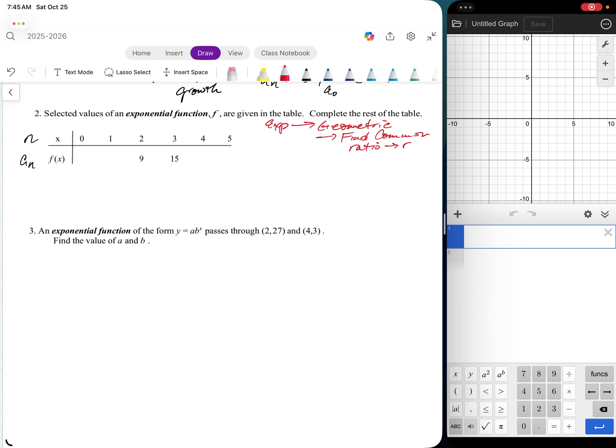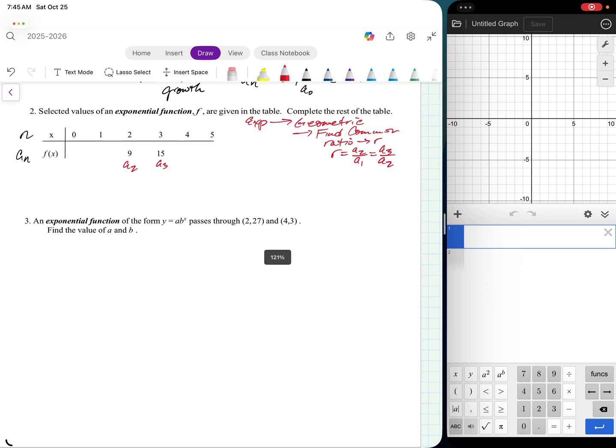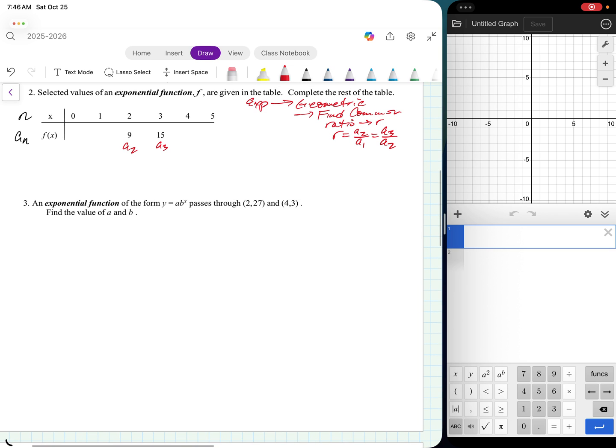So r is always equal to a sub 2 divided by a sub 1, but we're not given those. We're given a sub 2 and a sub 3. So a sub 3 divided by a sub 2, the third term divided by the second term, it's that simple. You take 15 divided by 9 and simplify the ratio. They're both divisible by 3.